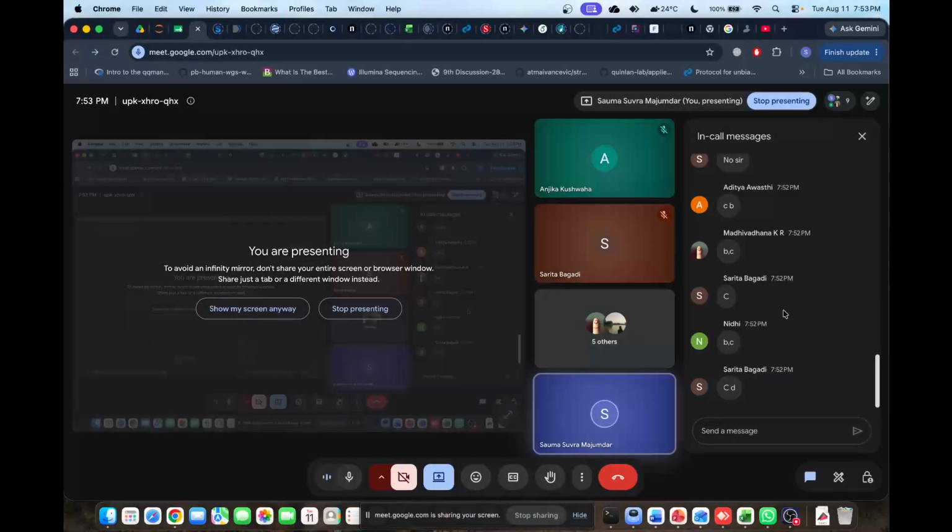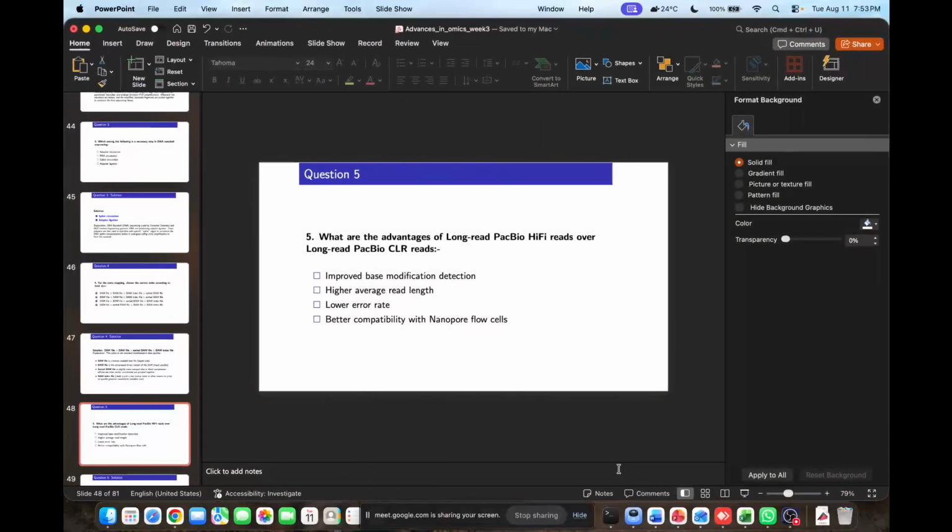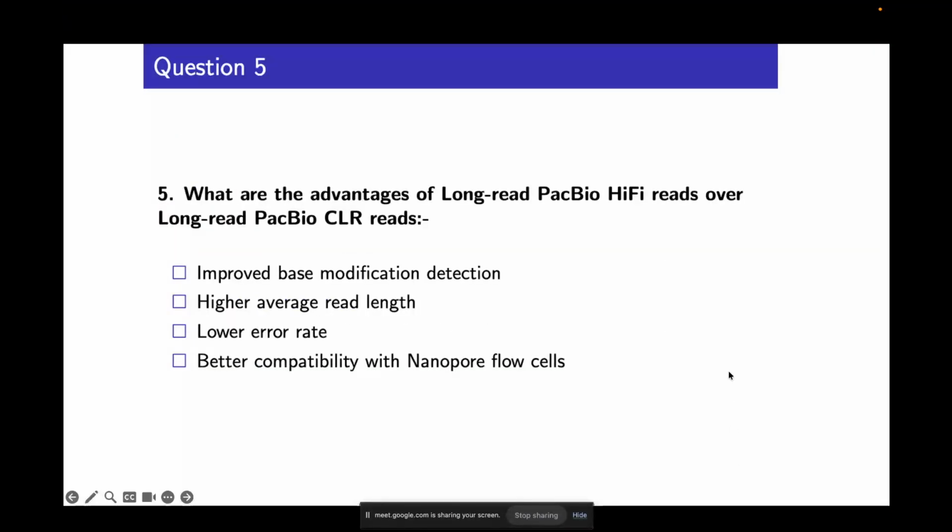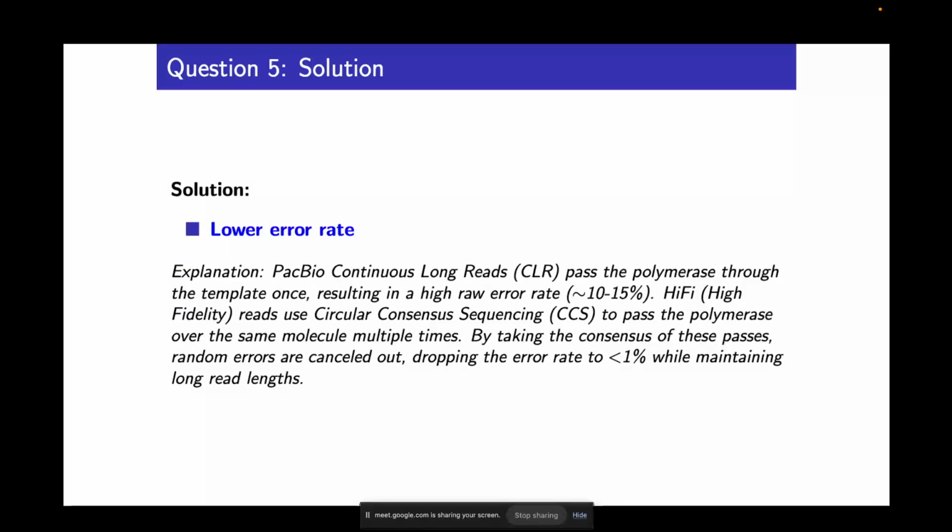Okay, B and C mostly. So for PacBio, the read length is kind of fixed with respect to HiFi and other long reads, right? The only USP of HiFi is lower error rate or higher accuracy.